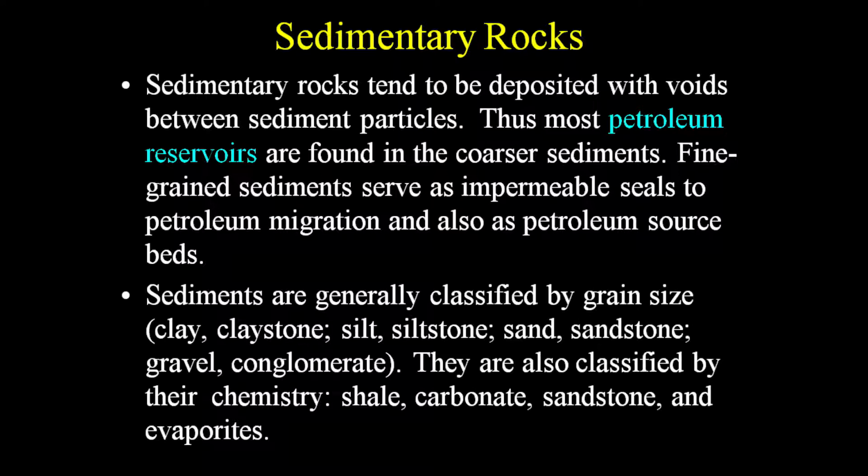Sediments are generally classified by grain size. For example, clay, claystone, silt, siltstone, sand, sandstone, gravel, and conglomerate. They are also classified by their chemistry, such as shale, carbonate, sandstone, and evaporites. Let me repeat this.